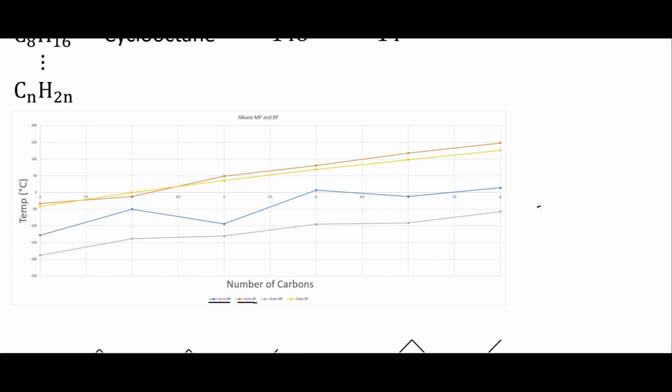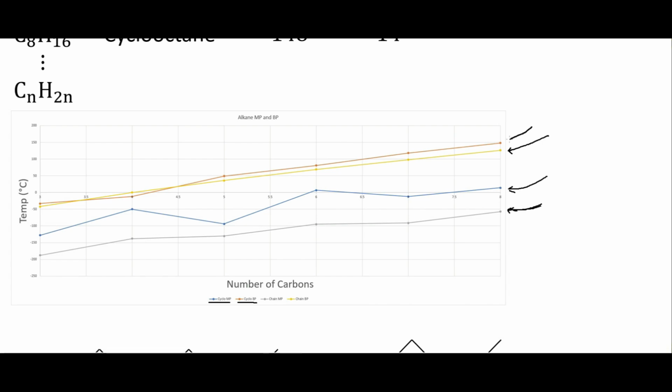Then in gray is our linear chain melting point, and in yellow is our linear chain boiling point. What you'll notice is that the melting point of the cycloalkanes is a little bit higher than for the linear.